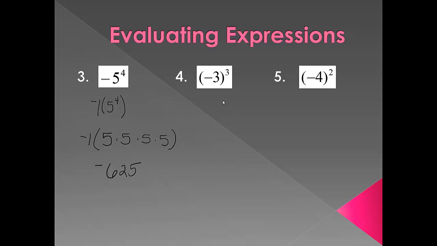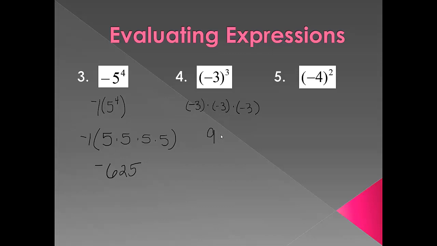For number 4, we have -3 to the 3rd power, or we can say -3 cubed. This time our -3 is in parentheses, so it tells us that the entire thing, the negative and the 3, are all going to be to the 3rd power. So this one would be -3 times -3 times -3. So now -3 times -3 would be +9.